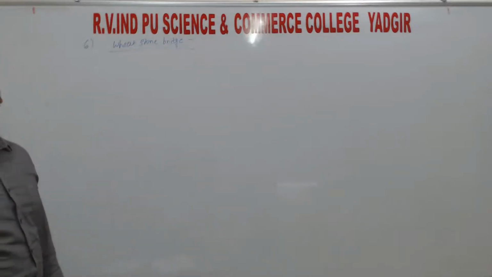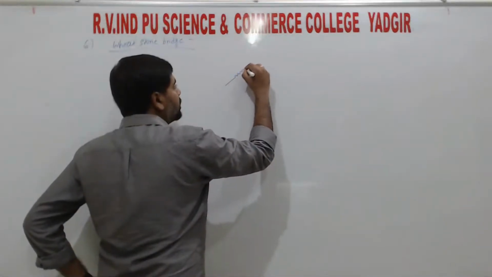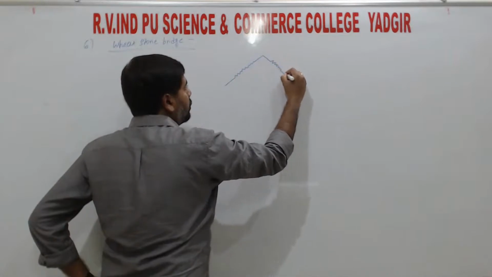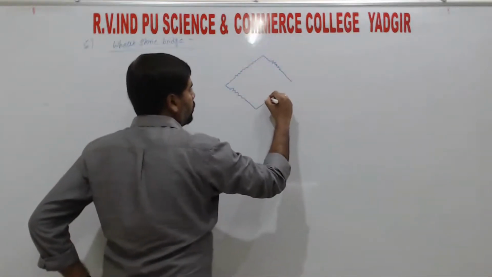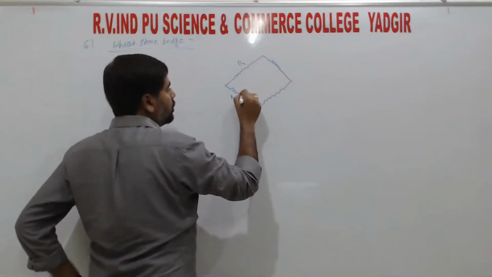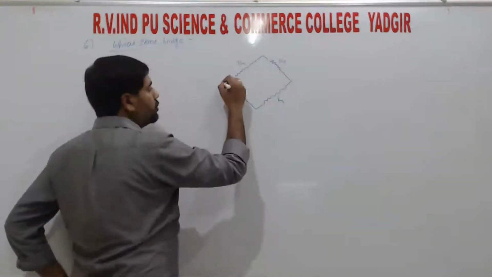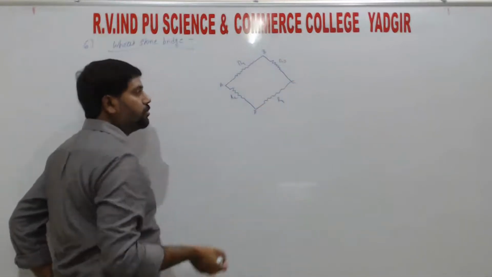Wheatstone bridge, right? So Wheatstone bridge consists of 4 resistances, R1, R2, R3, R4, right? So these arms are named as A, B, C, D, right?